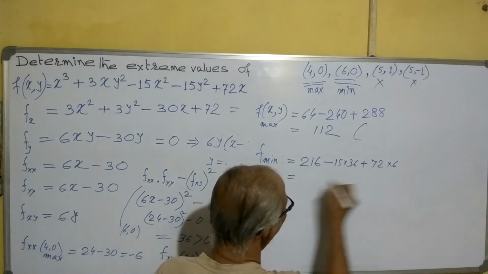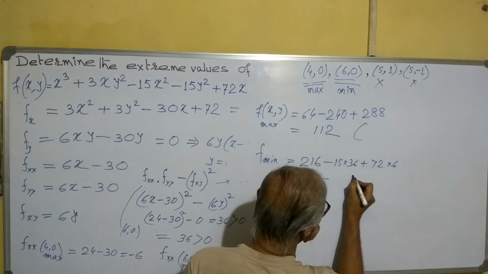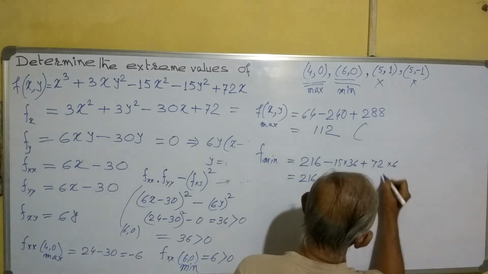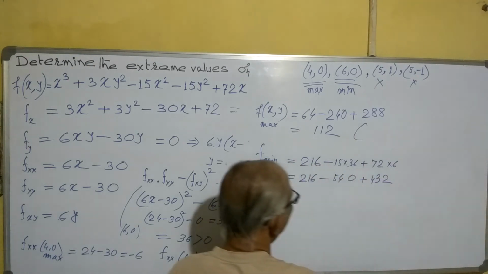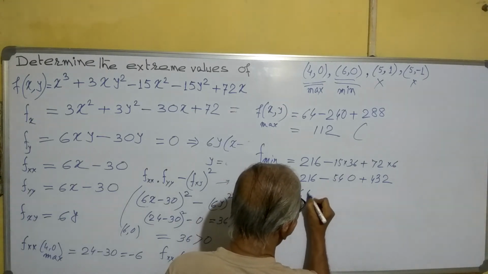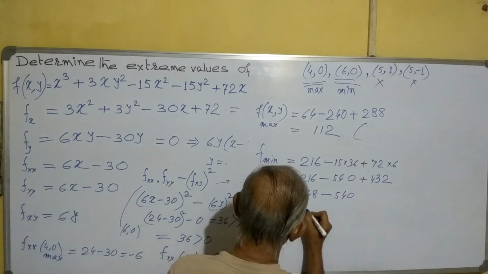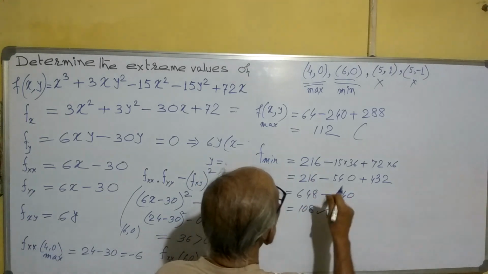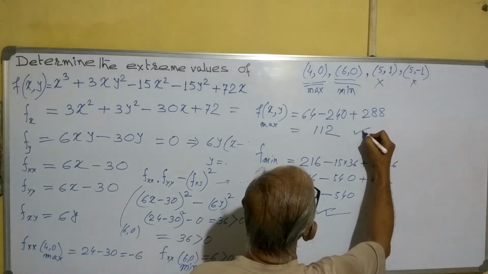You can calculate this one: 216, 540 plus 432. So this is 648 minus 540, that is equal to 108. So this is our minimum value, and 112 is our maximum value.